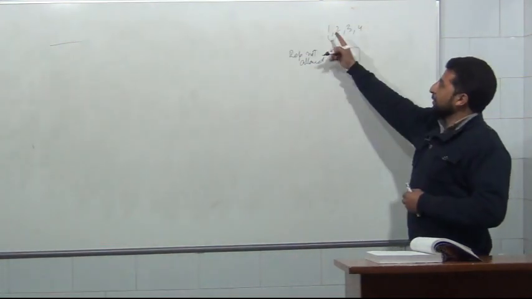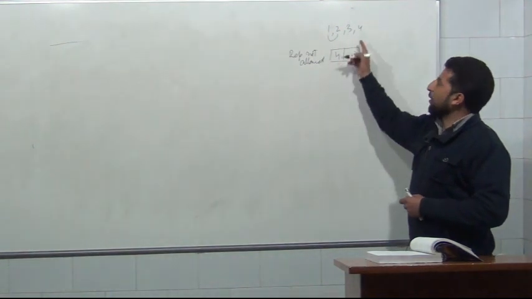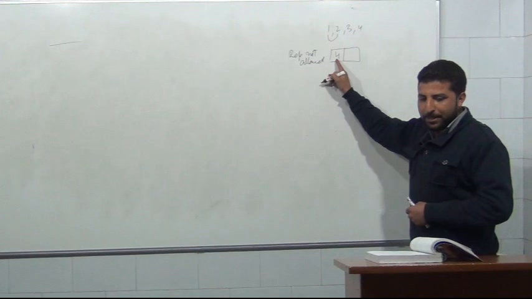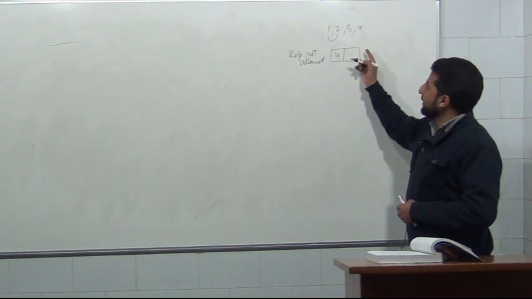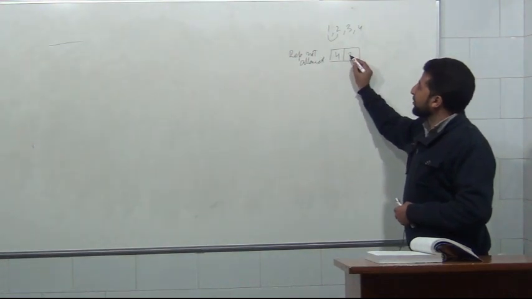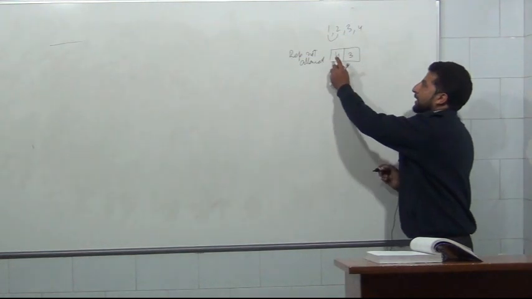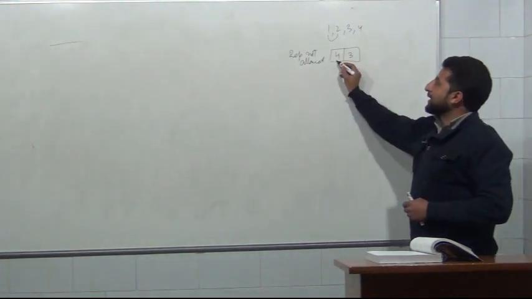That means I can fill 1, 2, 3 or 4 at this place. But to fill the units place, I have just 3 options. Why? Because I have already filled one option in the tens place.